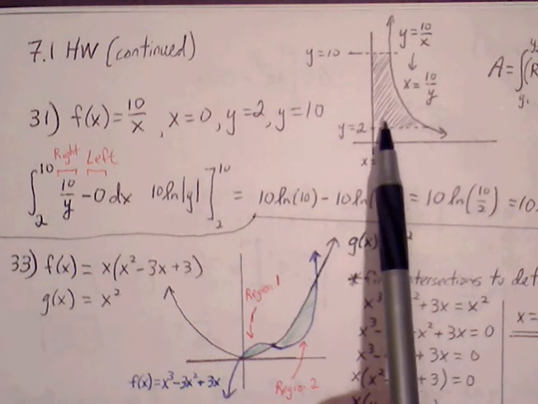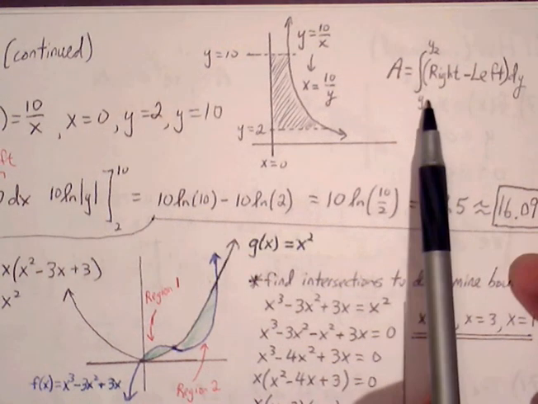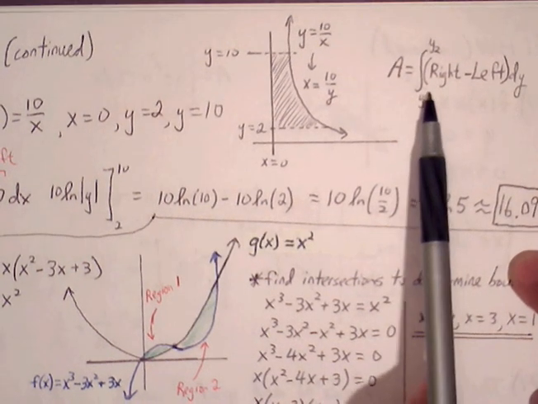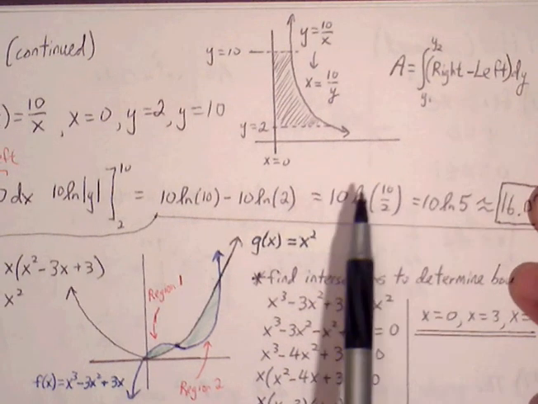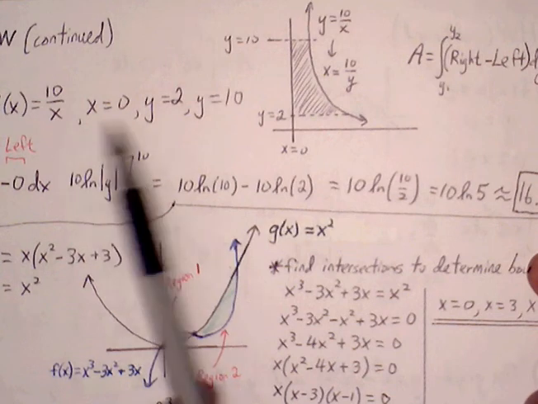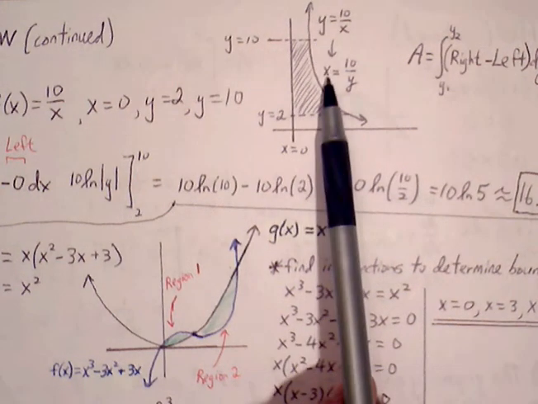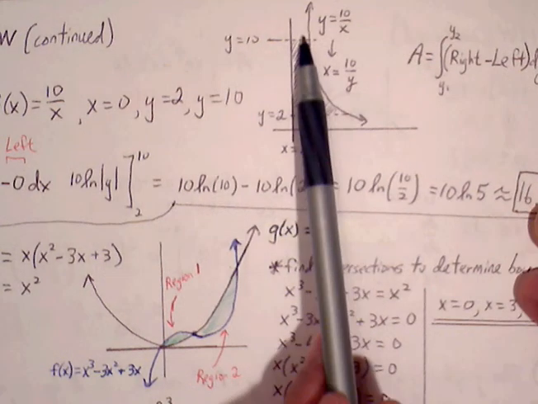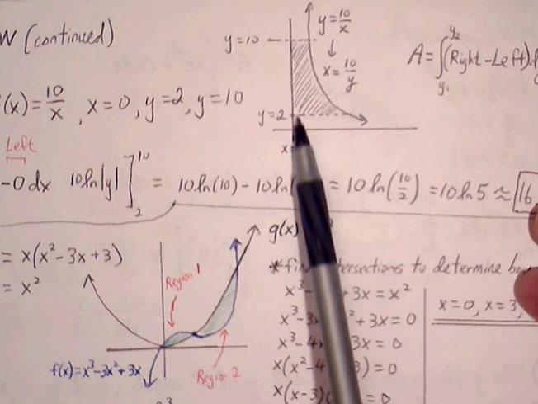Because of that, we can think of this in terms of a right minus left formula. But if we do right minus left, we have to make sure that everything we plug in is in terms of y. So that means we have to convert our function and solve for x. If y is equal to 10 over x, then solving for x gives x equals 10 over y. So now this curve is represented by 10 over y, and this is represented by x equals 0.